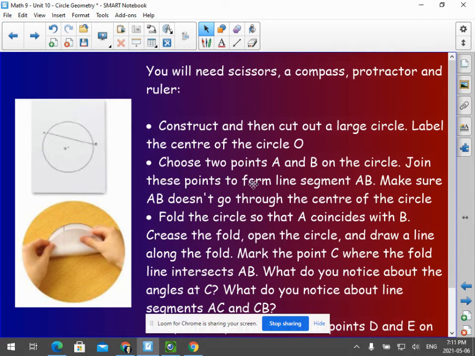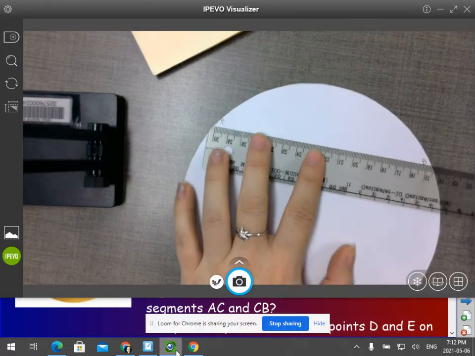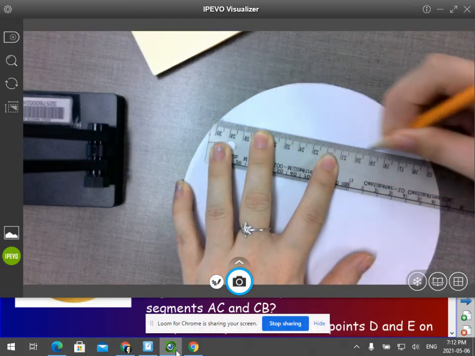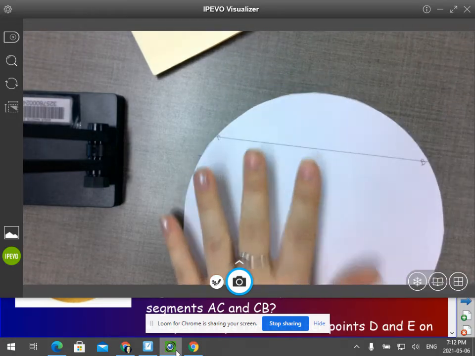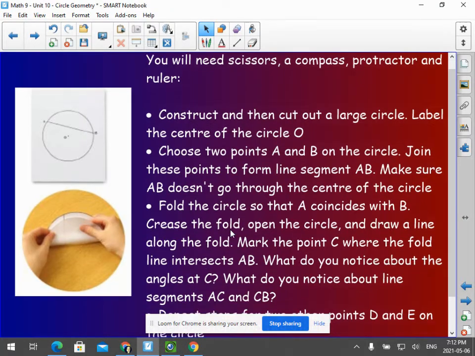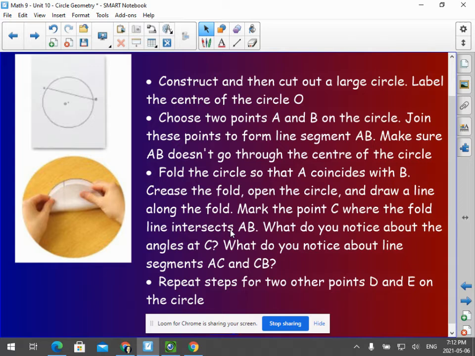Then I would ask you to join these points to form the line segment AB. And I would ask you to make sure AB doesn't go through the center of the circle at this time. I'm going to take out my ruler, go to both sides, and connect A to B. After we do that, I would have asked you to fold the circle so that A coincides with B and mark the point C where the fold line intersects.